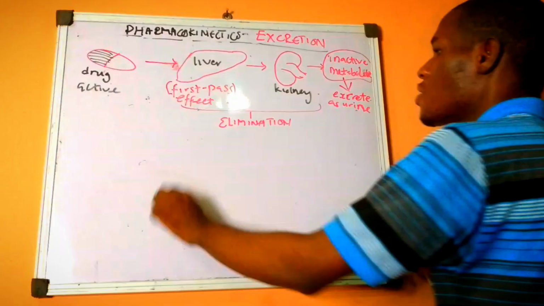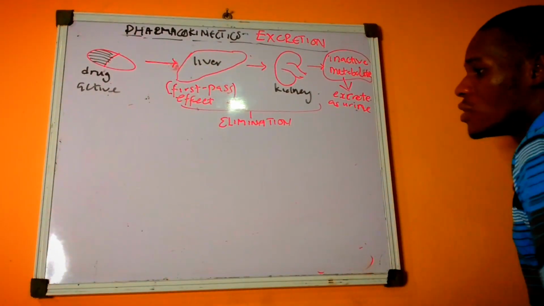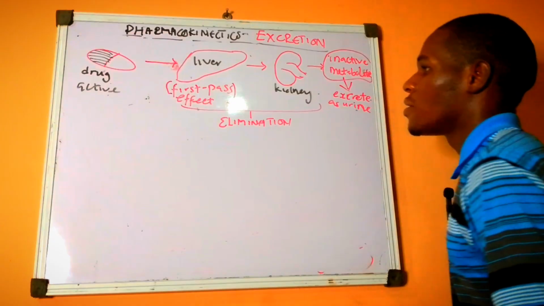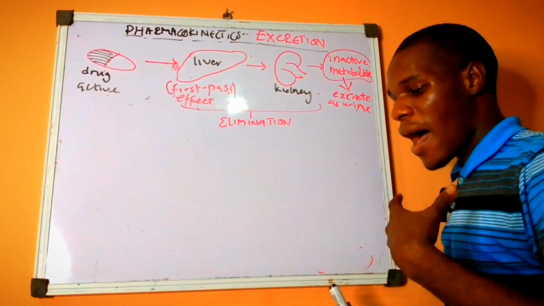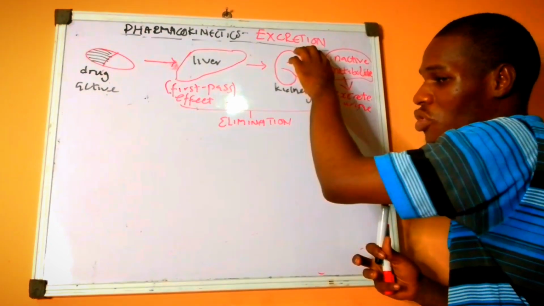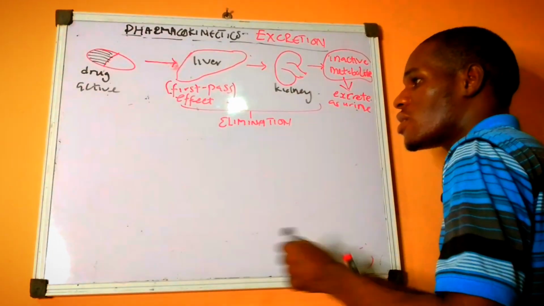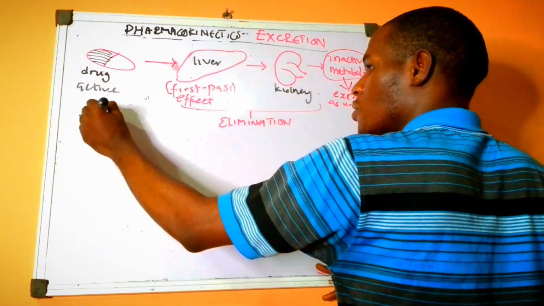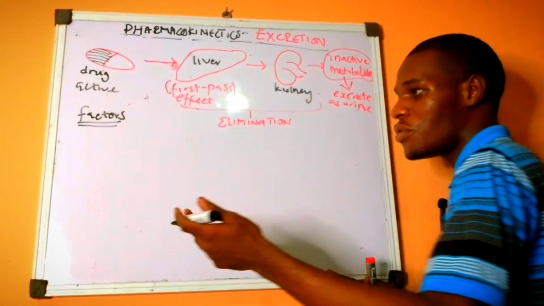In excretion of a drug, we are looking at urine formation, and how the factors that affect drug excretion come into play to form urine. So the factors that affect drug excretion are also involved in the formation of urine.